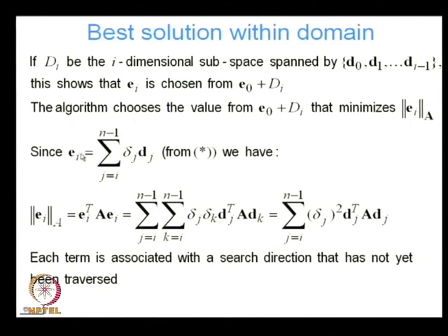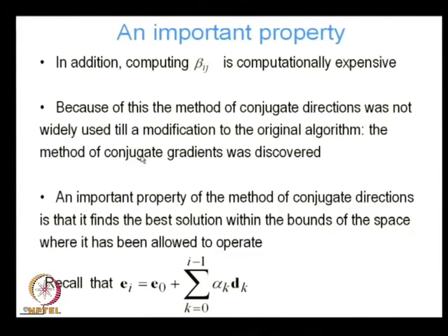Well, how can we show that? Since e_i is equal to the sum over j equal to i to n minus 1 of delta_j d_j, I can always write that because my d_j, j equal to i to n minus 1, form a basis, and we have already shown that, right.